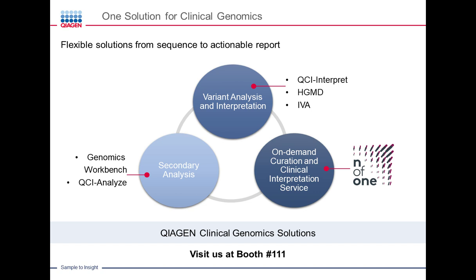For secondary analysis, if you're developing a new pipeline that you want to validate, we recommend considering QCI Analyze. There's also the Biomedical Genomics Workbench that QIAGEN provides to take that raw sequencing data and translate it into variant calls, copy number calls, and fusion calls, for example.